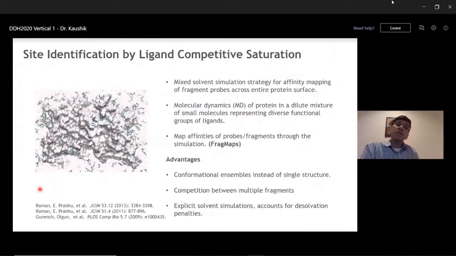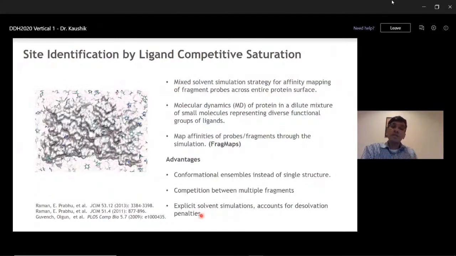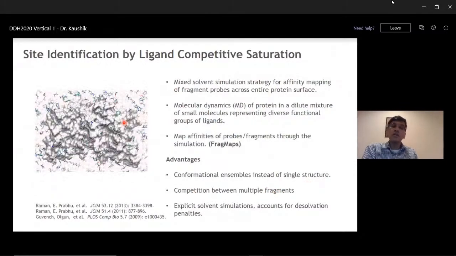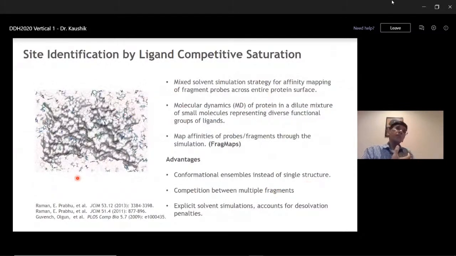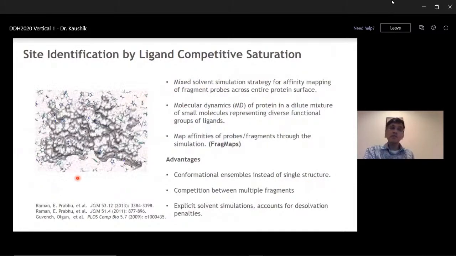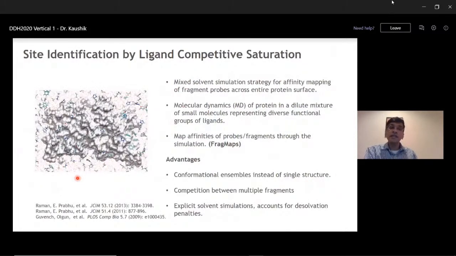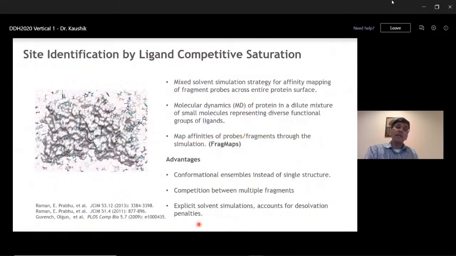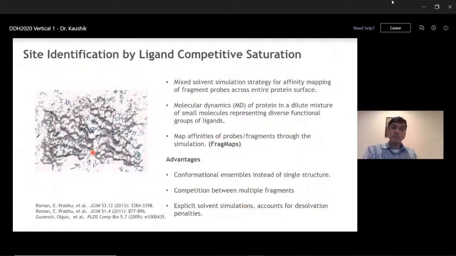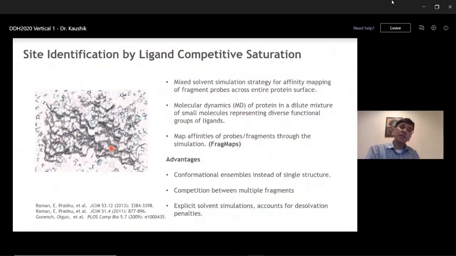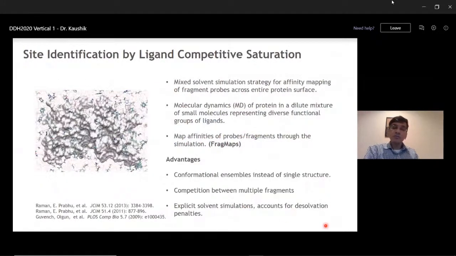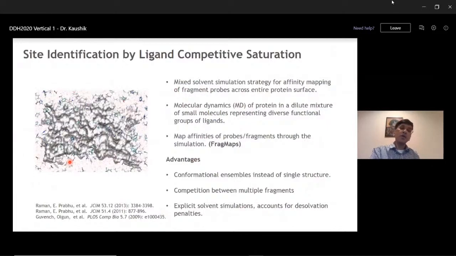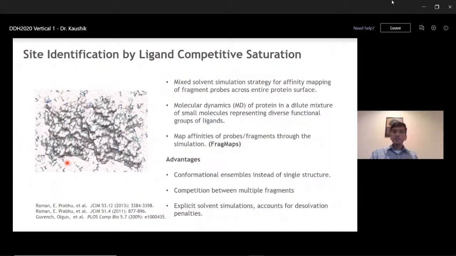So through the MD simulation, what we are accounting for is the inherent competition between these different fragments and water for a given protein site. So what we're looking at is inherently who is going to win that competition for a given site and registers the best affinity for that given probe. And like I said, given the fact that there's explicit water within the simulation, it accounts also for the desolvation that accompanies a ligand binding on a protein binding site.